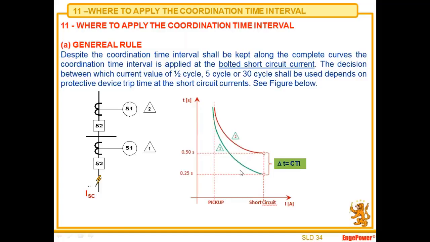If it takes longer, the destruction is higher, and also the risk of personal injuries. So we have to apply special techniques for arcing currents that we are going to talk about here.